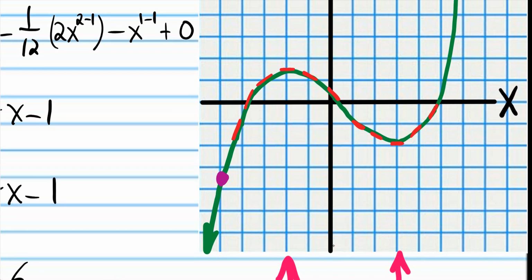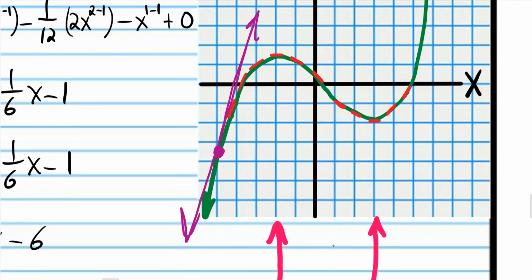The derivative of the function gives you the slope of the line that is tangent to that point on the graph, right? So if I plug in x is equal to -5, it looks like 1, 2, 3, 4, 5. If I plug in -5 to the derivative function, it gives me the slope of this purple line.